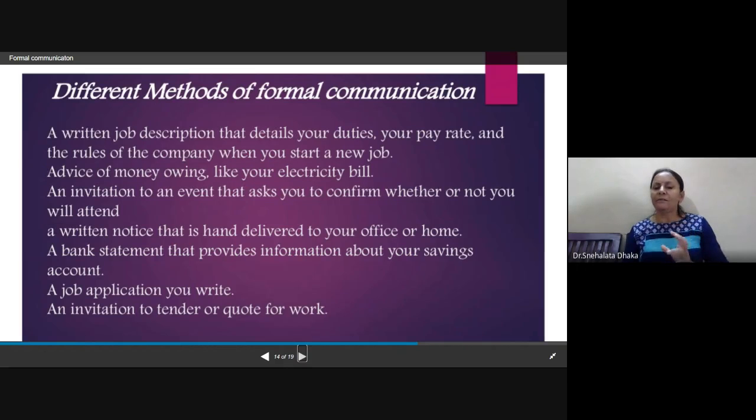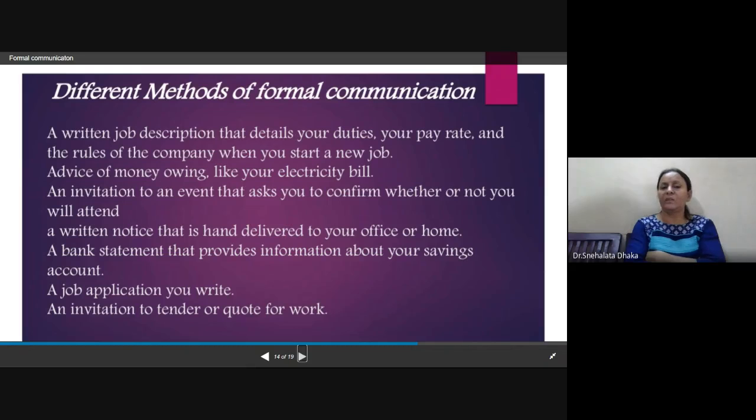An appointment letter is an example of formal communication. The appointment letter contains all the details: what your designation will be, what your work will be, what your salary will be, and further, what the rules and regulations of the institution are. So all these basic information related to the job is provided in a particular format, that is the appointment letter. That is quite effective. One need not move here and there for all this information, and need not inquire of many people at the same point of time for the same information.